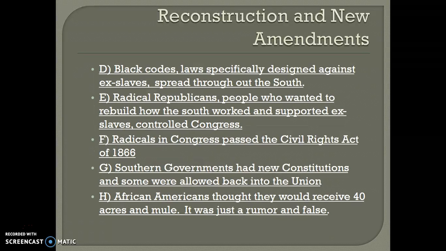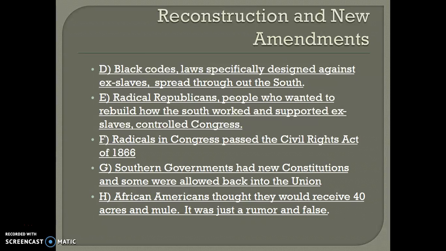So, meanwhile, we have the black codes in the South, which were laws specifically designed against ex-slaves and begin to spread throughout the South. One black code was known as the Sunset Law, which stated that certain groups of people were not allowed in certain parts of town after the sunset, and also the idea of segregation began to spread, or separating people based on race.